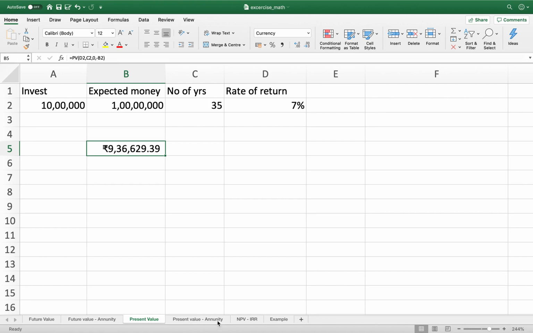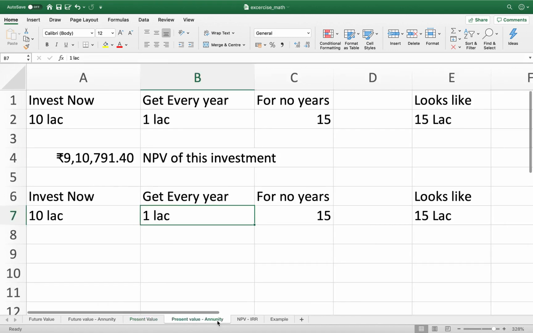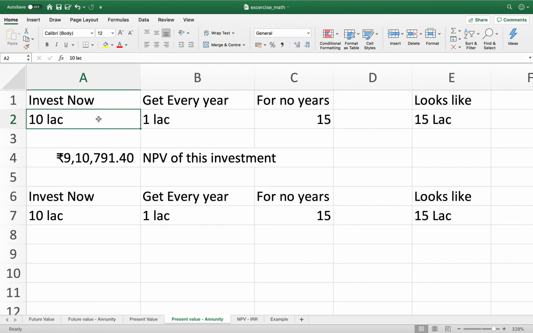Similarly, you can calculate the annuity of the present value. So here you have a situation that someone asks you 10 lakh rupees, and then they tell you that, okay, if you give me 10 lakh rupees right now, I'll keep on giving you 1 lakh rupee every year for the next 15 years. Now what do you think?